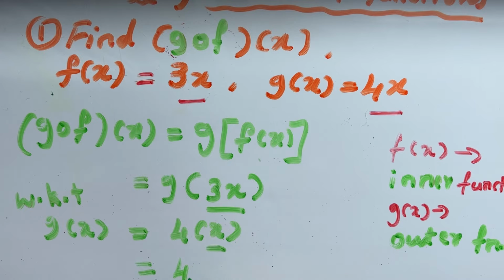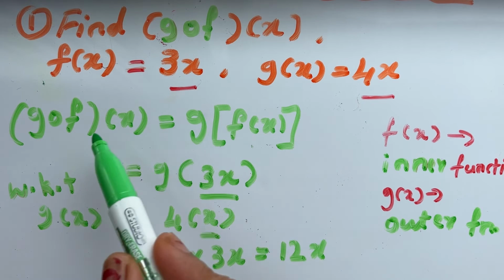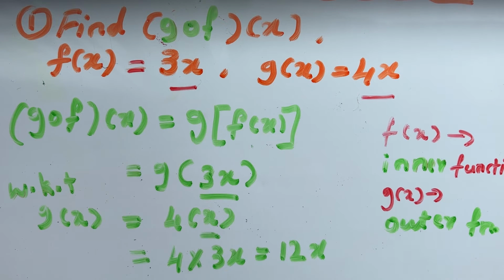Just replace x by 3x: 4 times 3x, which is equal to 12x. So in this function, both f composition g of x and g composition f of x are 12x.